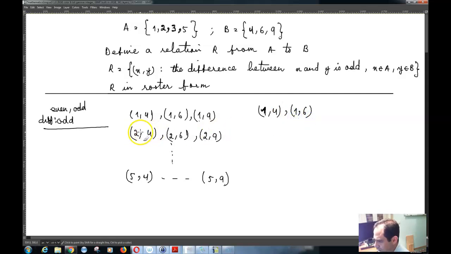Over here I can take 2 comma, for example, 2 comma 9. Over here I can take 3 comma 4, for example, 3 comma 6, but 3 comma 9 I cannot take, because then both of them would be odd.